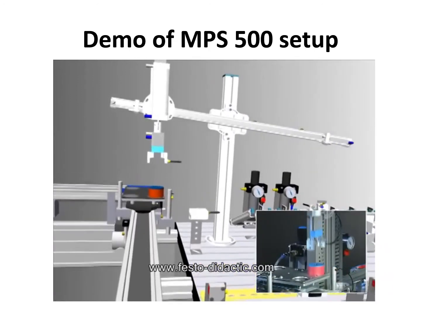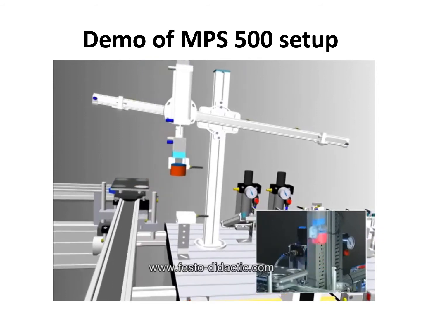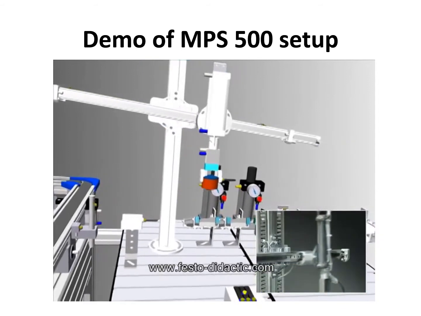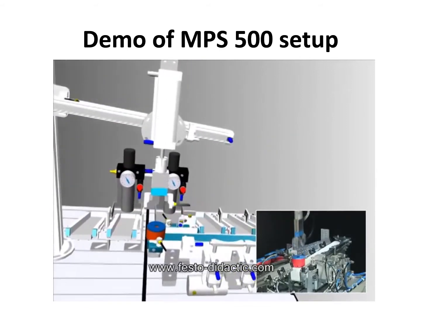Now we are at the final station, and again we have a handling station very similar to the handling station we had attached to the processing station. Now the part is picked here and will be placed on this conveyor.